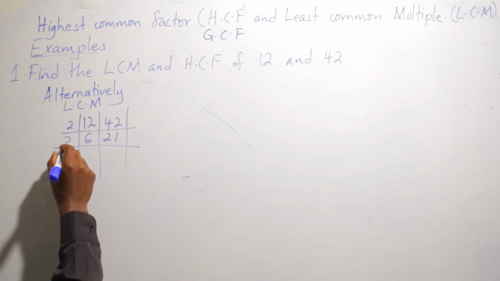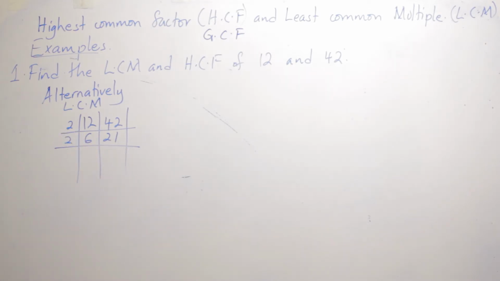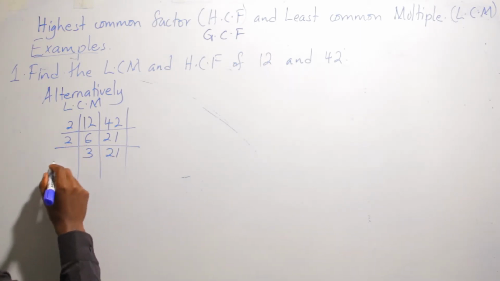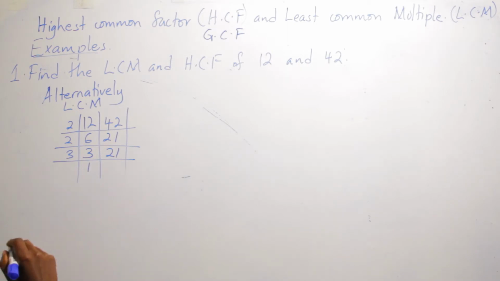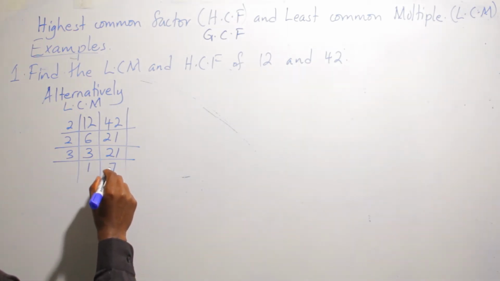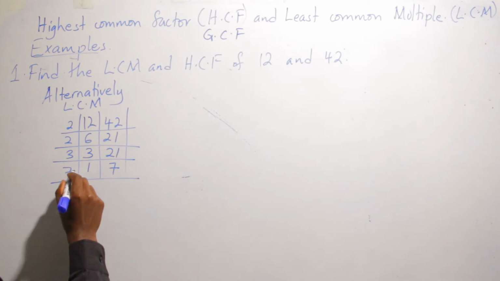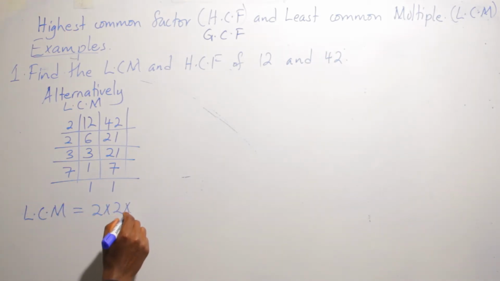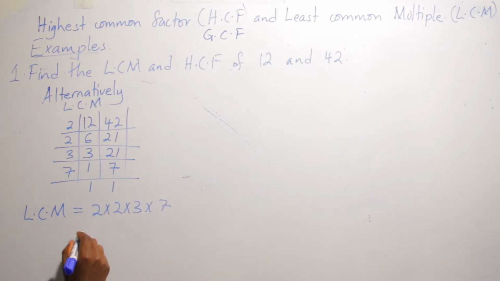Then 2 still can divide 6 to get 3, but I keep the 21. 3 can divide 3 to get 1, can divide 21 to get 7, then 7 divide 7 to get 1. So the LCM is 2 times 2 times 3 times 7, which is 84, as from this other previous method.